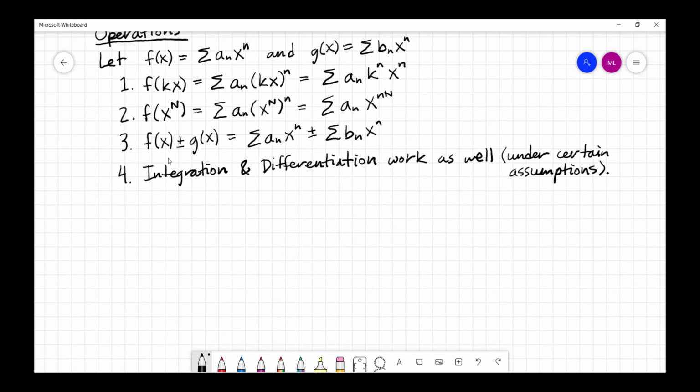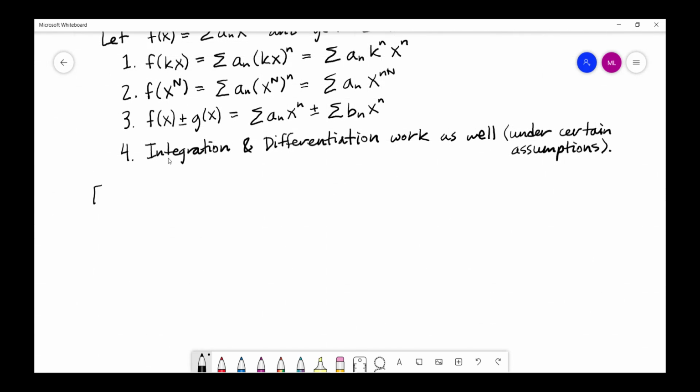So, for example, we just said that if I have f of x equals 1 over 1 minus x, this has a power series representation.